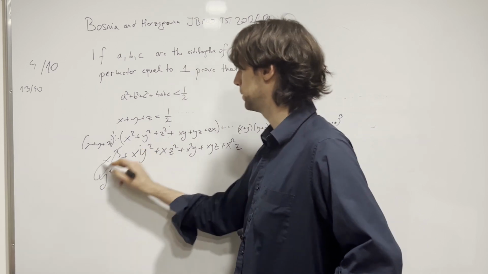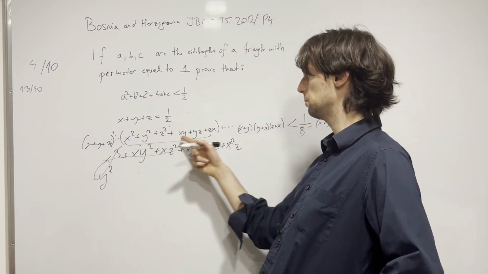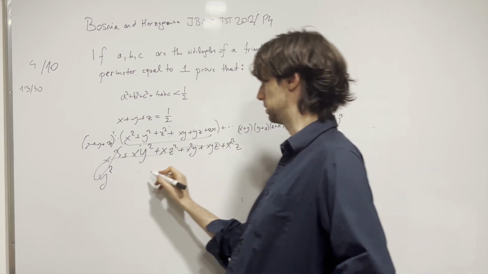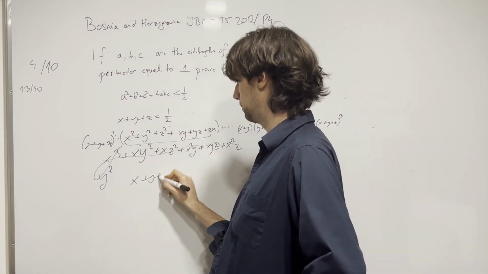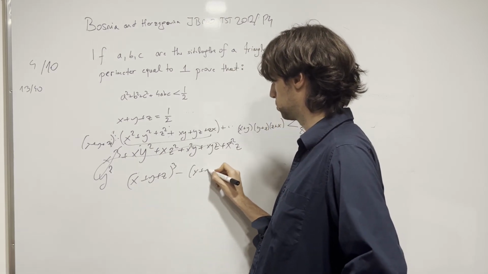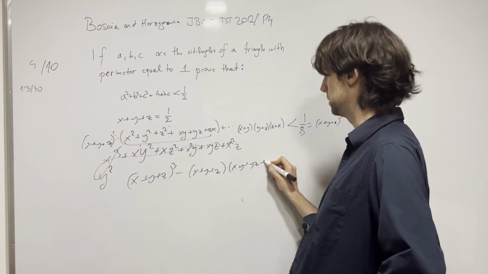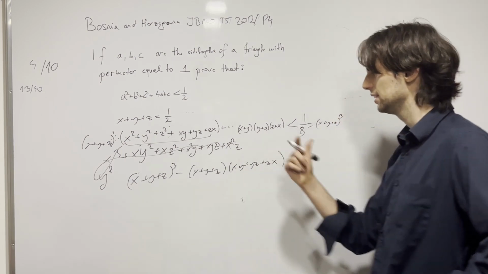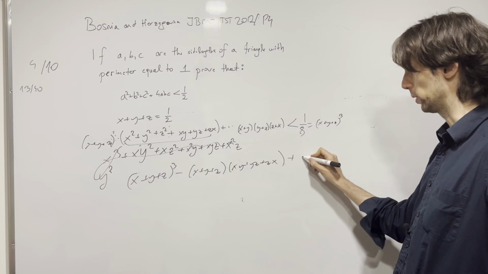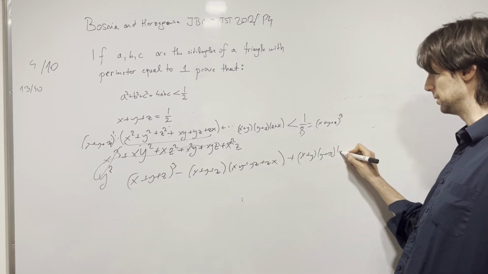Oh, actually, wait a second. Instead of just multiplying everything through, let's write this as (x + y + z) cubed minus (x + y + z) times (xy + yz + zx). And now I see this is going to be much quicker. Then this is (x + y)(y + z)(z + x).